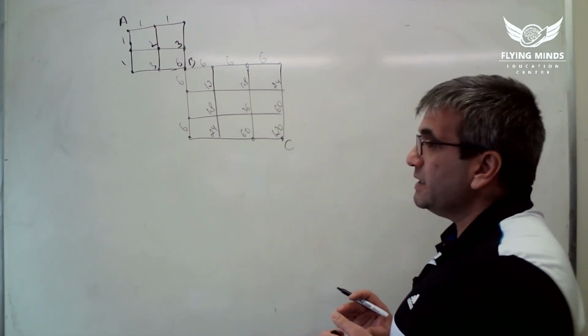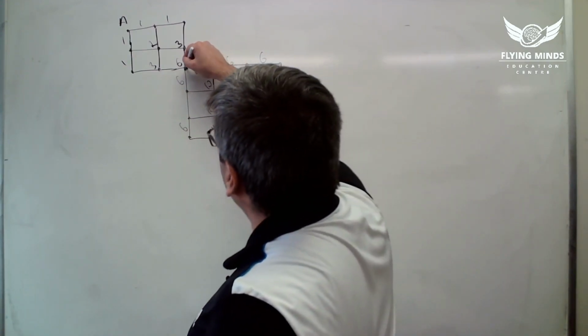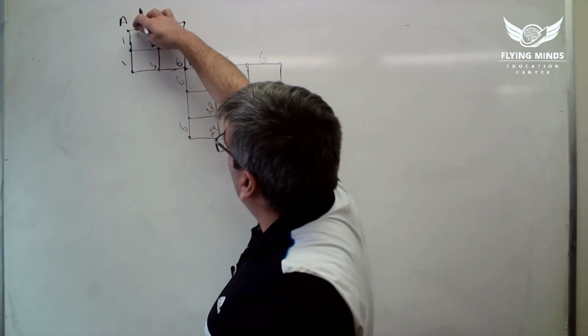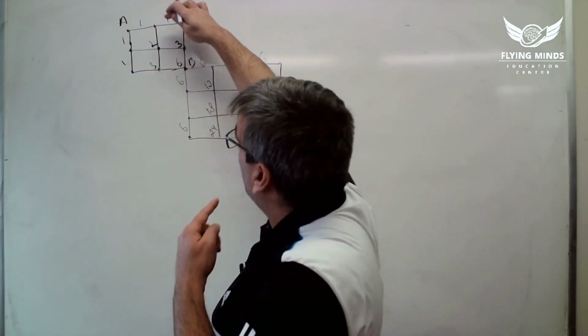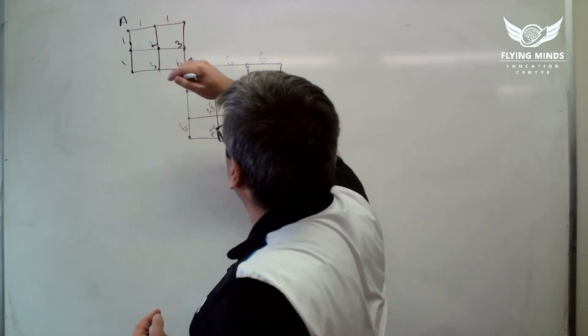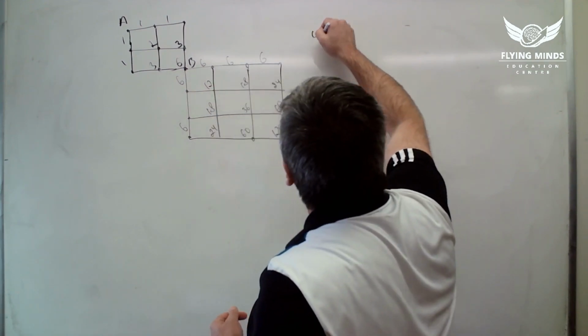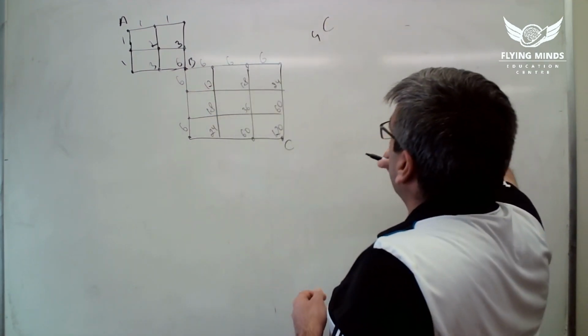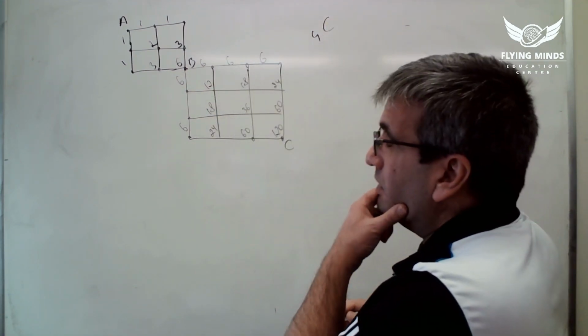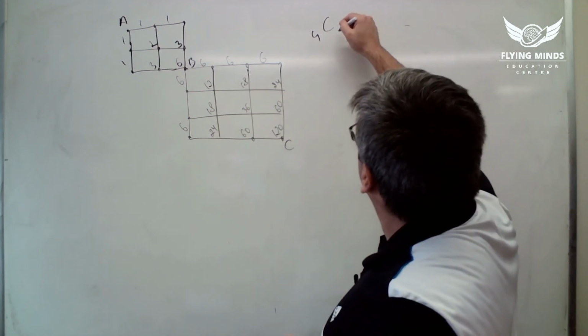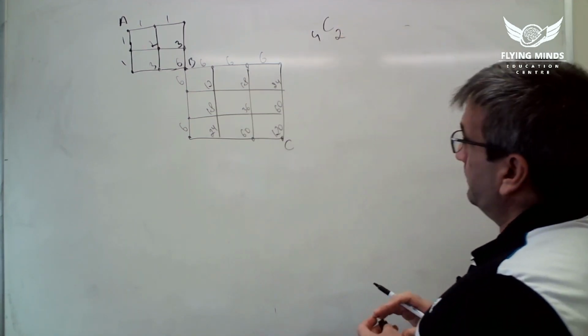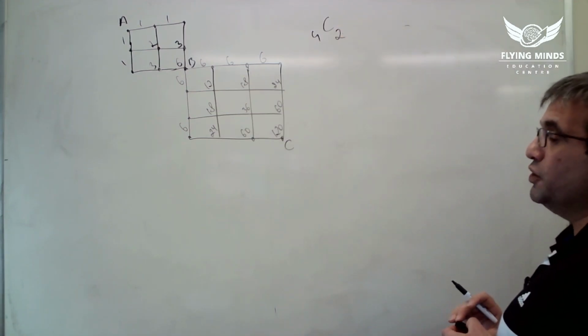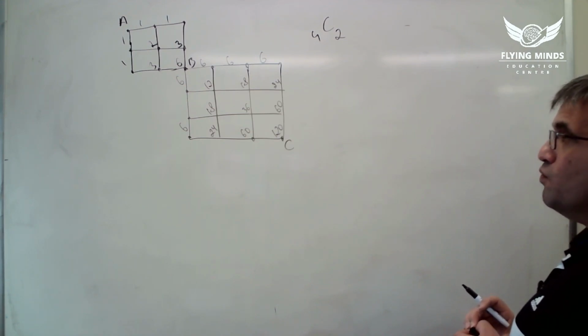Or how else can we do this? To get here, we have 1, 2, 3, so in total we have 4. So it's 4 choose 2.